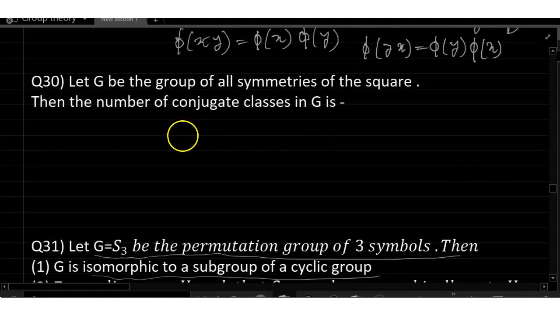Let G be the group of all symmetries of the square. Then the number of conjugacy classes in G?